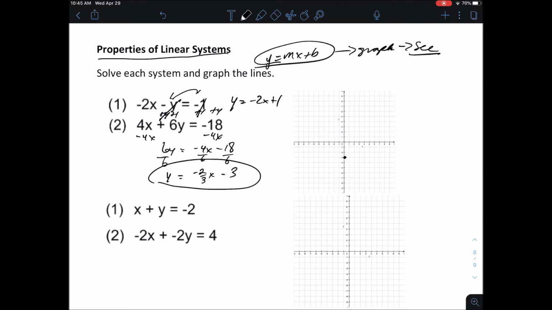So negative 2/3 x minus 3 is going to look something like this. So there's my first line.